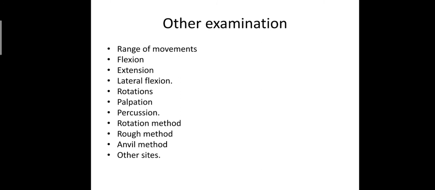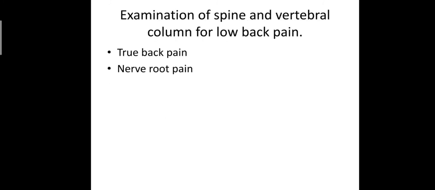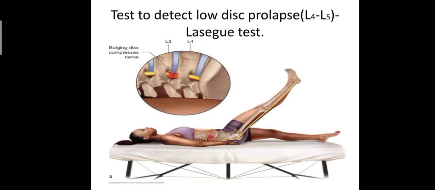Other examinations: range of movement, flexion, extension, lateral flexion, rotation, palpation, percussion, rotation method, rough method, anvil method, and other sites. Examination of the spine and vertebral column for low back pain, true back pain, and nerve root pain.